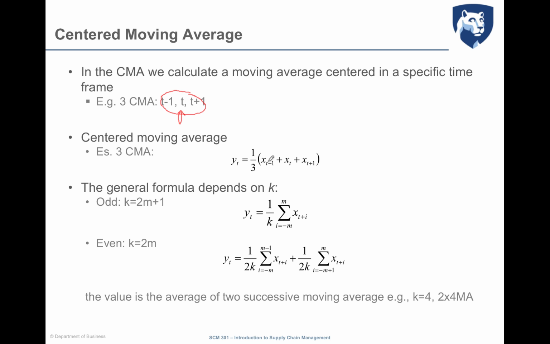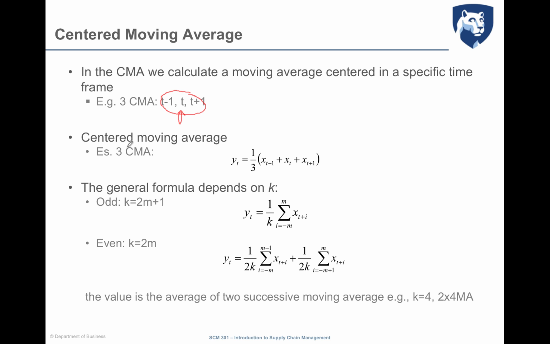Essentially, if it is 3 and we are at time t, we use t minus 1, t, and t plus 1. Okay, this works if the key value of the moving average is odd.